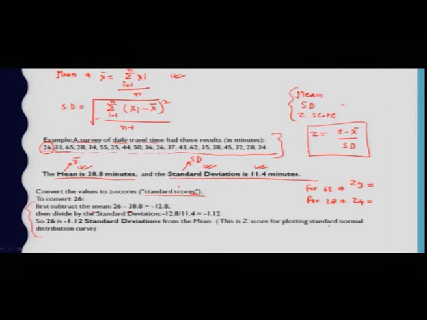Then you divide by the standard deviation: minus 12.8 upon 11.4, which comes out as minus 1.12. So, 26 is minus 1.12 standard deviations from the mean. This calculated value, minus 1.12 for 26, you will plot on the normal distribution curve as a deviation from the mean. So, this is a z score for plotting the standard normal distribution curve.